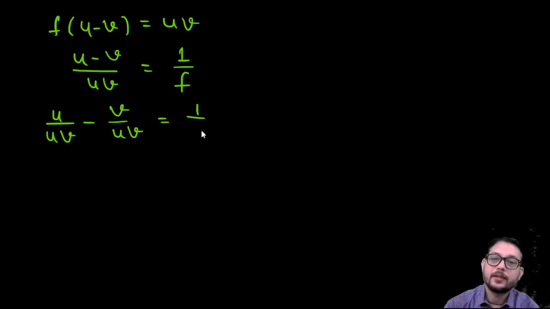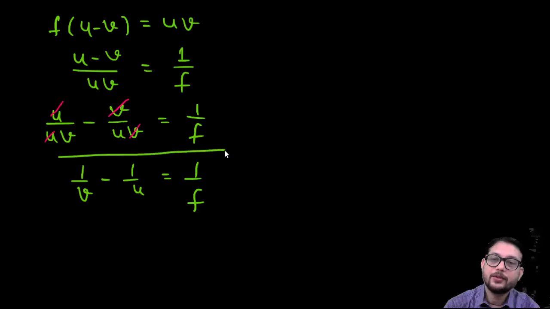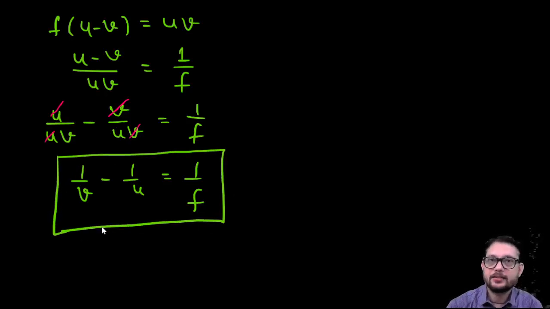You can easily see that U and U cancel out, and V and V cancel out. So finally we have the result 1 upon V minus 1 upon U equals 1 upon F. This is your final expression, and I believe it is clear because I have explained each and every step.